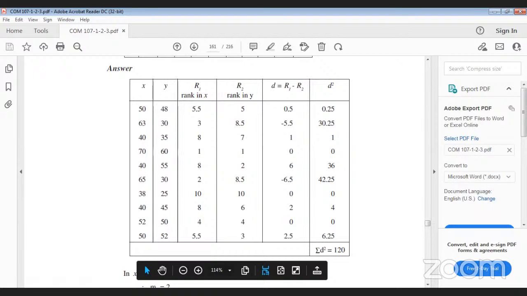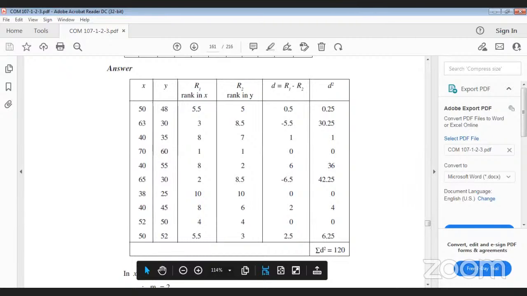Ranks for Y: 48, 5; 38.5; then 35, 7; 61 is the highest one; then 55, 2; then 38.5; 25; 45, 6; 54, and 52 has third rank here.